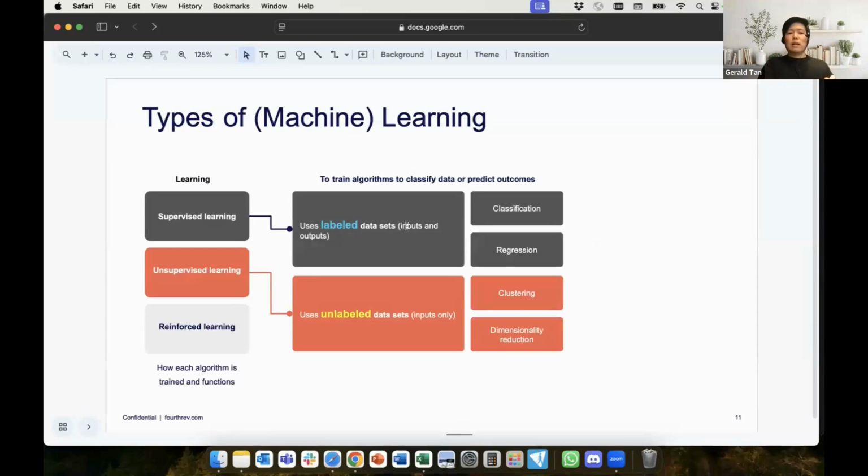So this means I tell the AI, hey, this is my input, and you give me the output, but I tell you what I expect the output to be. A very simple example is, here's a picture of a dog, cat, cat, cat, cat, cat, and you hope that when you ask, hey, give me a representation of, I don't know, a Shih Tzu, and boom, a dog will come out, right? That's labeled.